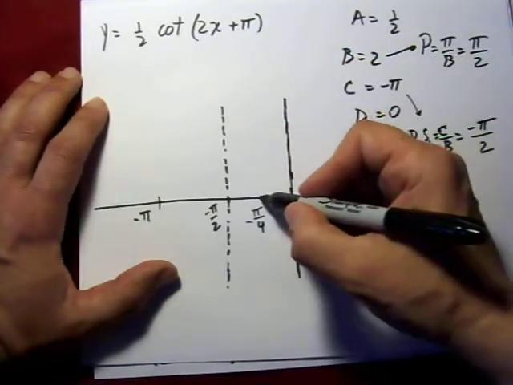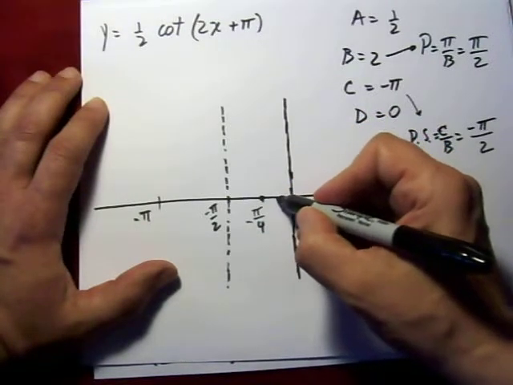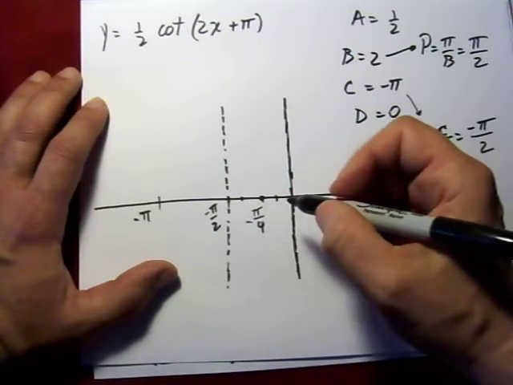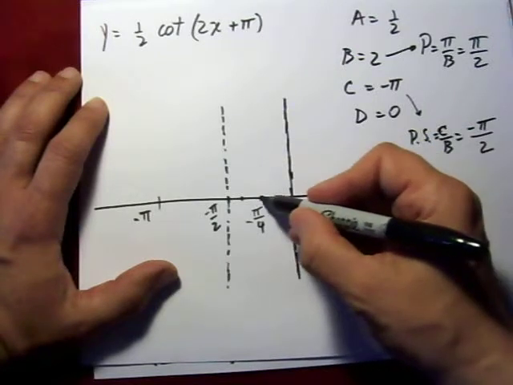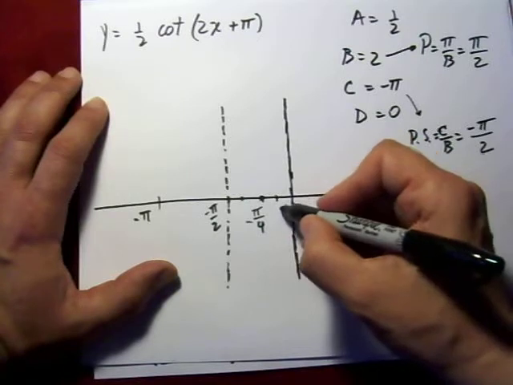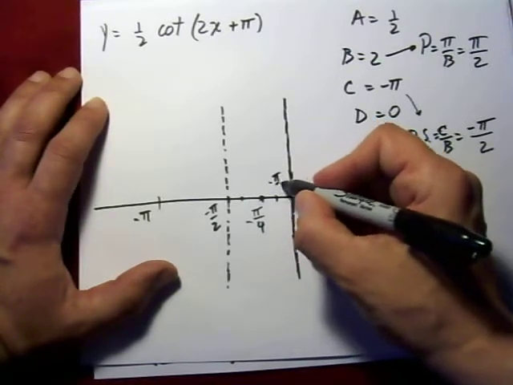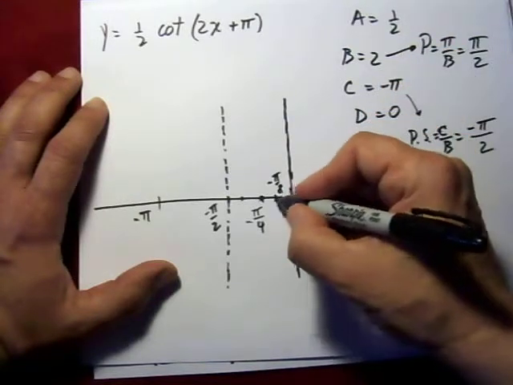The only question that remains is what happens at the quarter interval points, and what are they? If this is pi over 4, and that's half my period, what is a quarter step? The quarter step would be negative pi over 8. That's my x value.